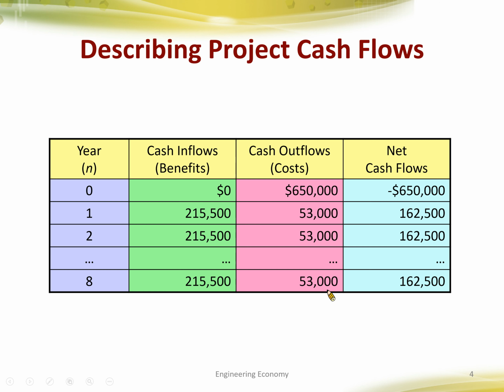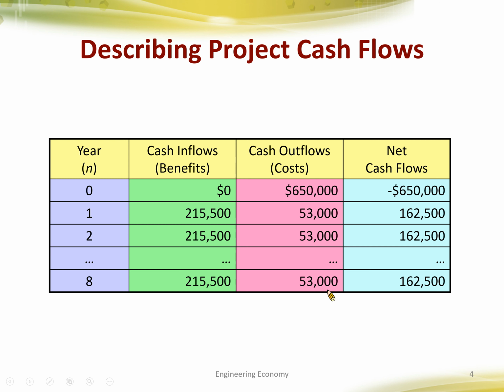One will be inflow, money coming in. Remember that in a cash flow diagram it should be arrows going up. And there will be money going out, cash outflows, which are costs. If you show them in the cash flow diagram, there will be arrows going down.